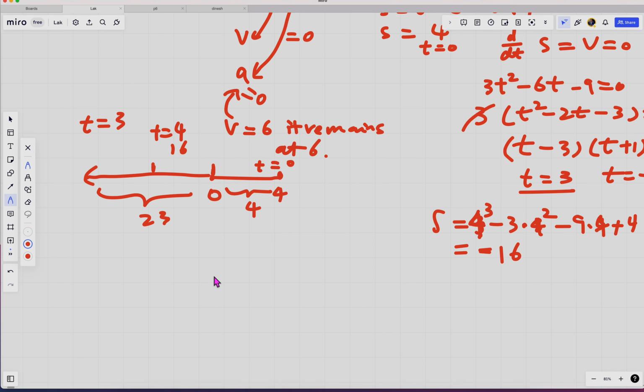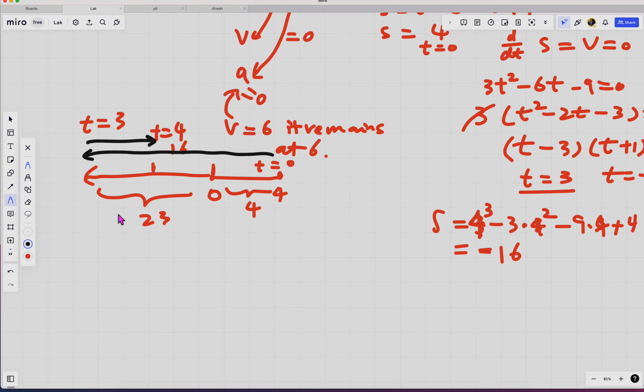Then only you will know the distance. So first you go here, then it comes back to here. So you need to add that part.